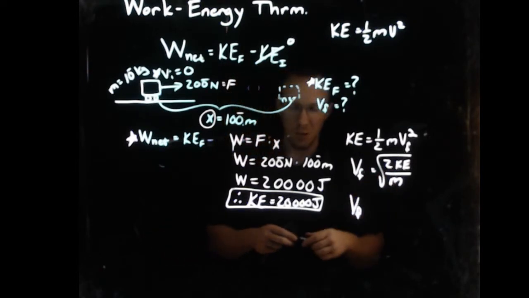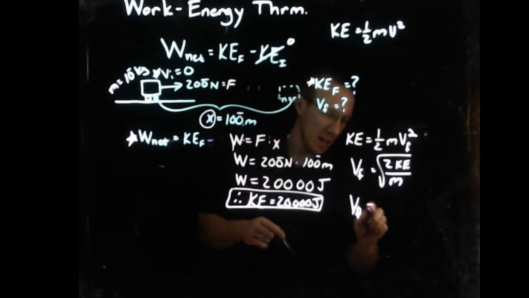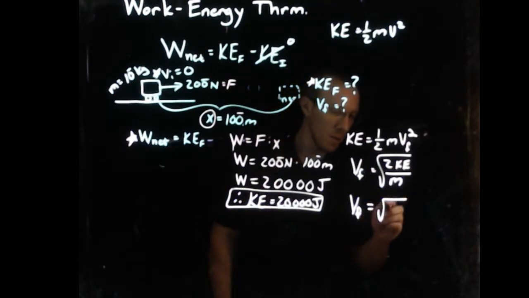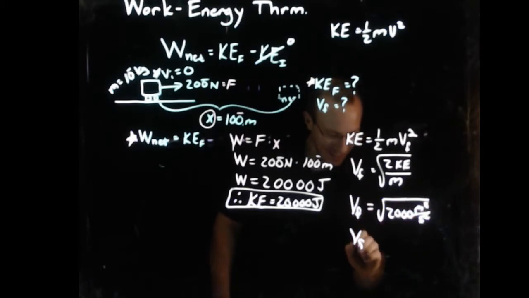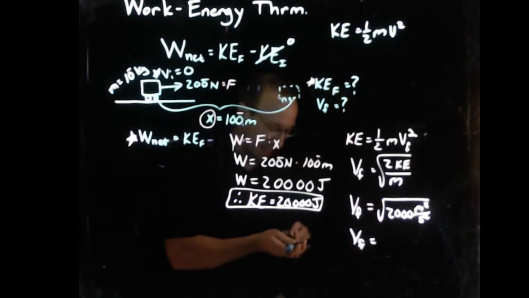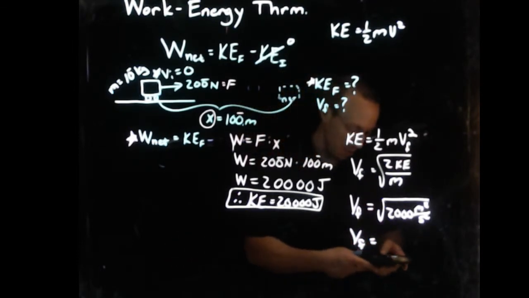So 2 times 20,000 is 40,000, divided by 10, will give us the square root of 2,000 what is that? The units I'm sort of just doing there without really explaining them, but you can work through those units and you would find that that's true.